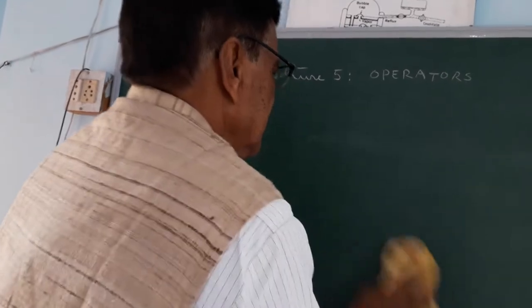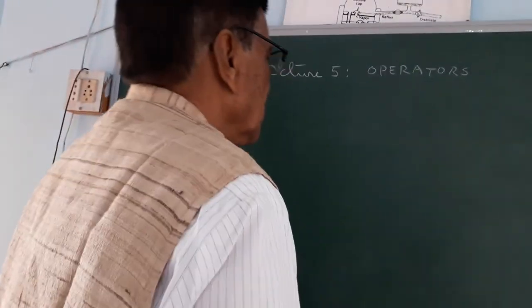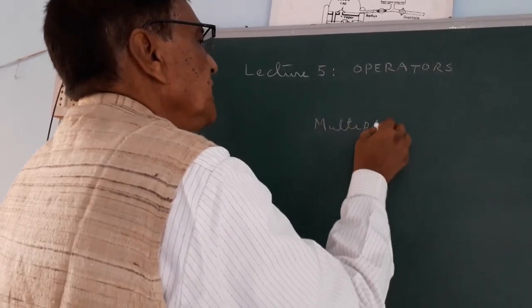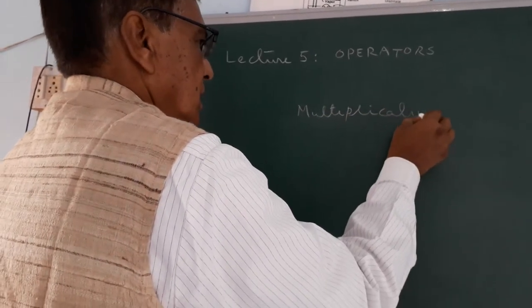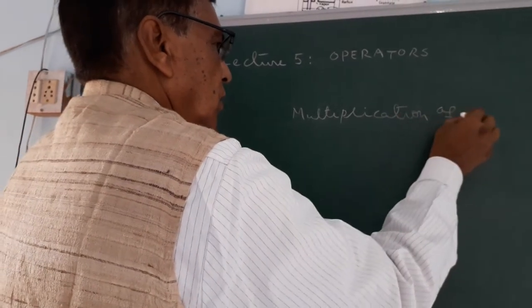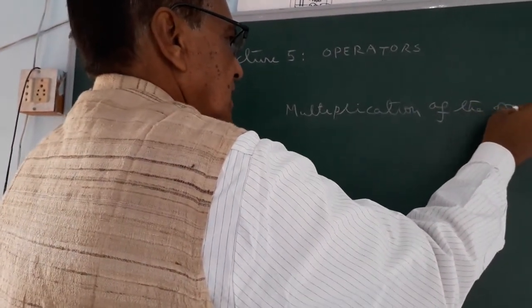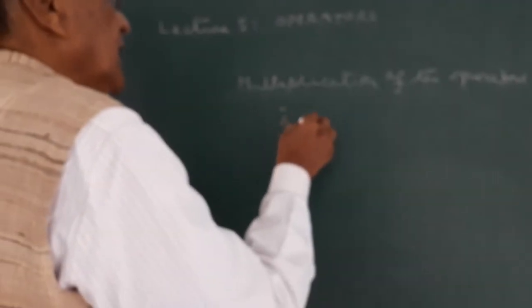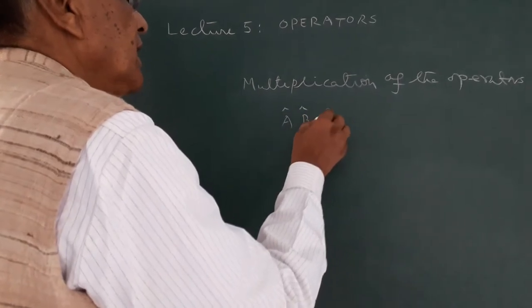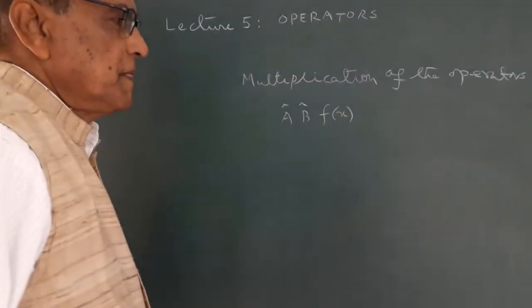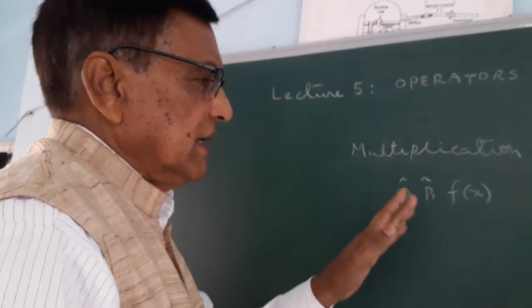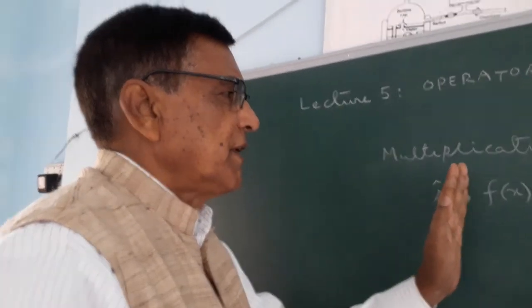Operators can also be multiplied. Say multiplication of the operators A cap and B cap, and the function is f(x). Then the operations are done one after another, and the order is from right to left.